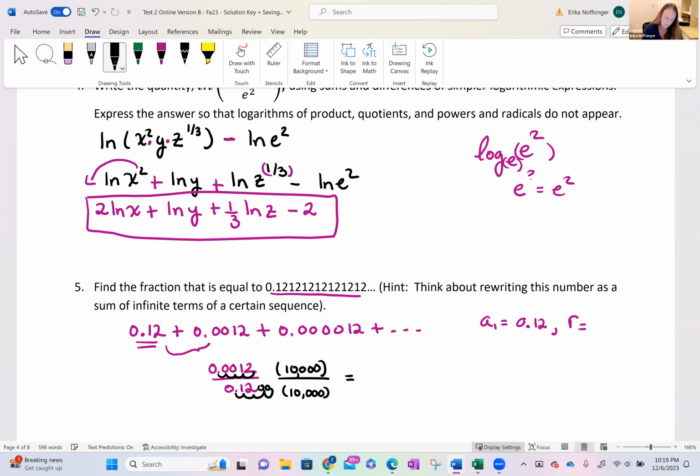So this is equal to 12 over 12,000. They both have 12 in common. And so this is going to give me 1 over 1,000. So my R value is 1 over 1,000 or 1,000ths.